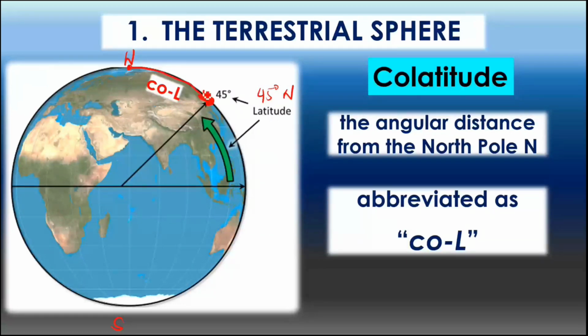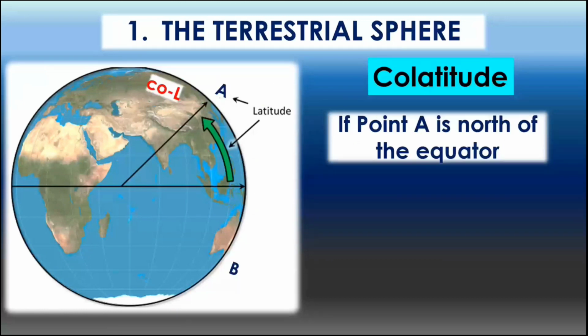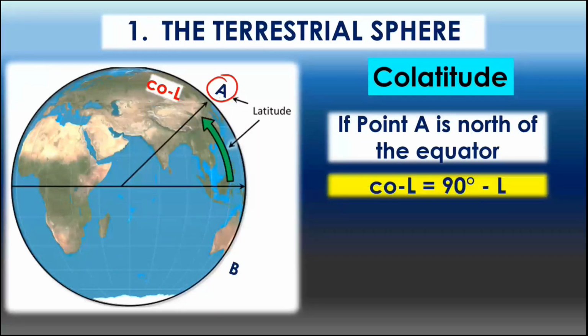If point A is north of the equator, we can determine the colatitude as 90 degrees minus the latitude.